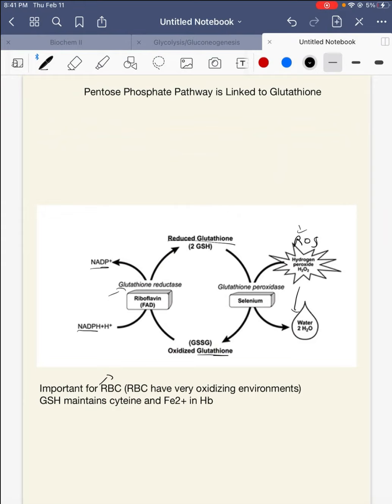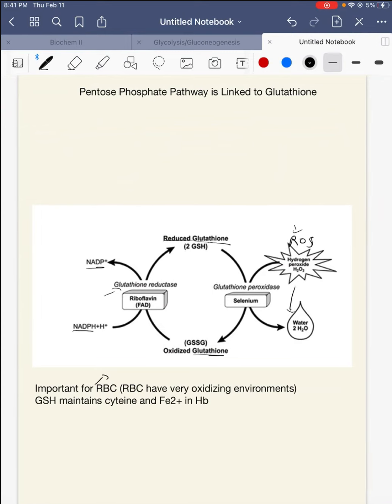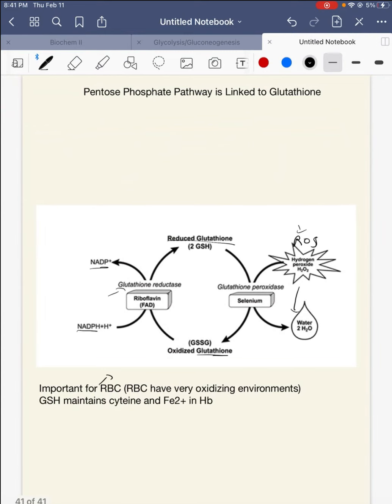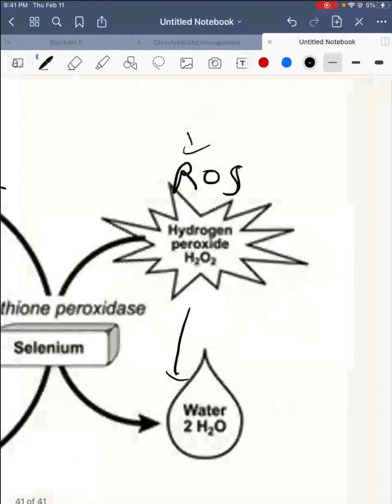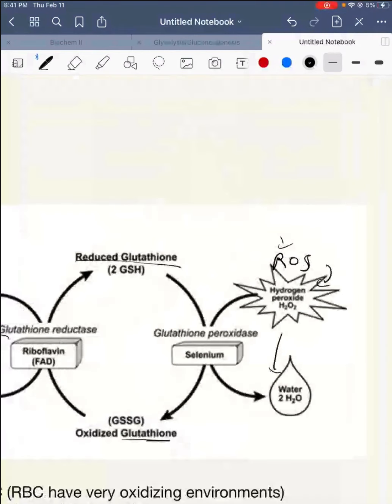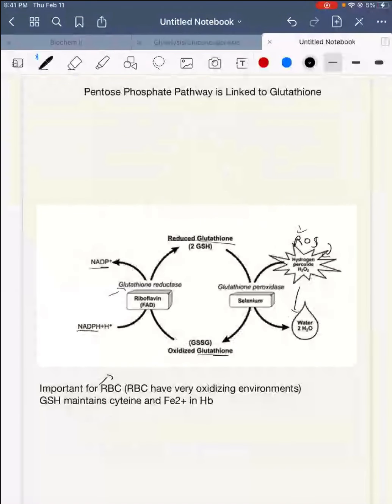They get rid of all of that stuff, and they fill their entire cell with hemoglobin, so they can transfer a lot of oxygen in the body. Because they transfer a lot of oxygen, a lot of those oxygens end up becoming reactive oxygen species. Reactive oxygen species are very dangerous. They can even cause cancer.